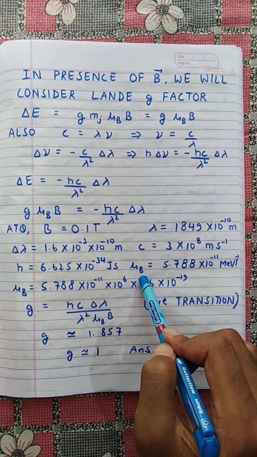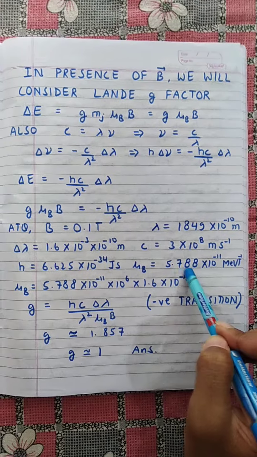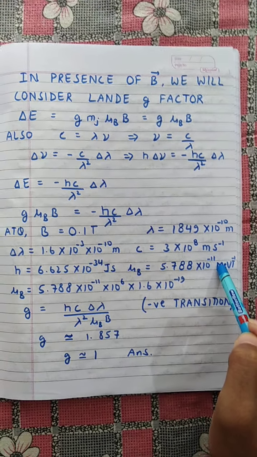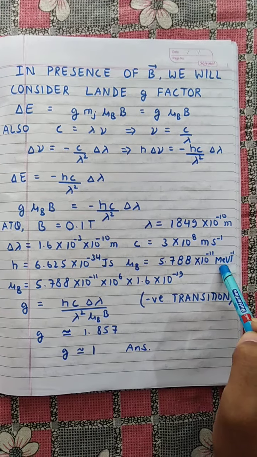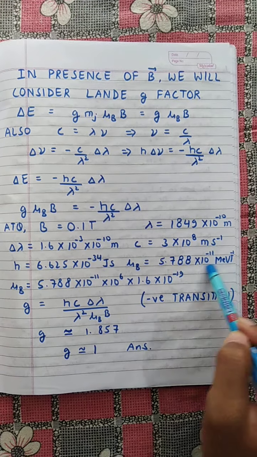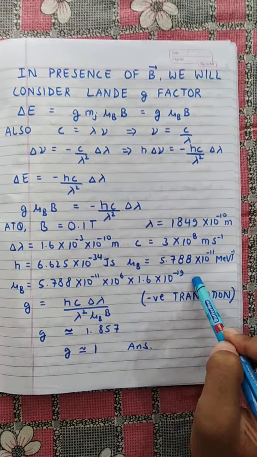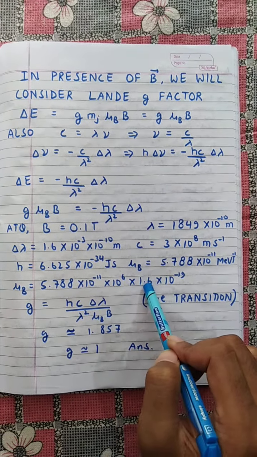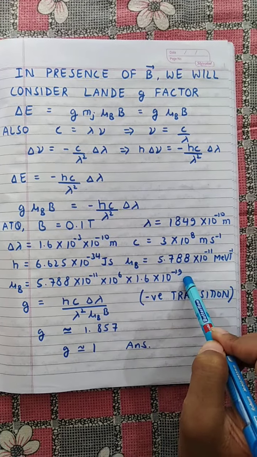Mu B is the Bohr magneton. Again it's a constant with a value 5.788 × 10^-11 mega electron volts per Tesla. This mega electron volt can be converted to joules by multiplying with the factor 10^6 × 1.6 × 10^-19 joules.